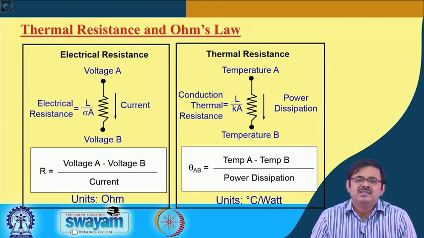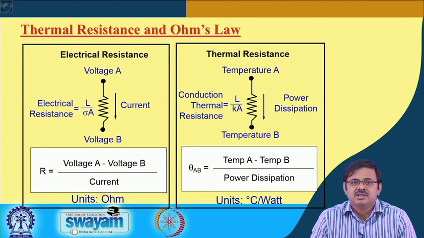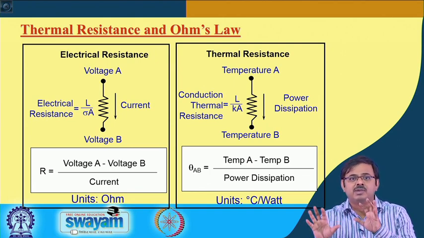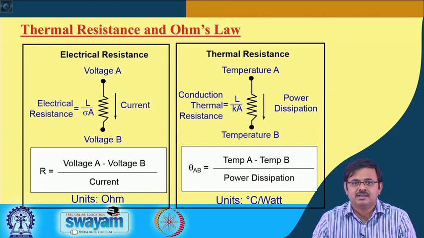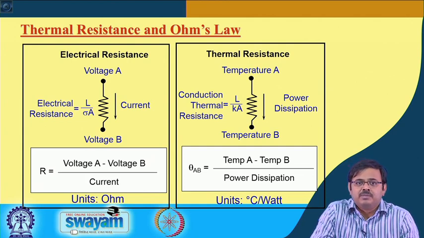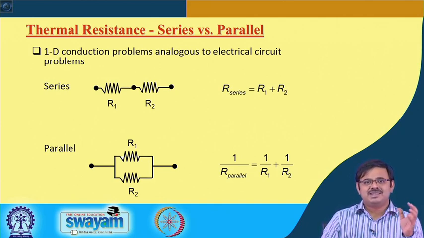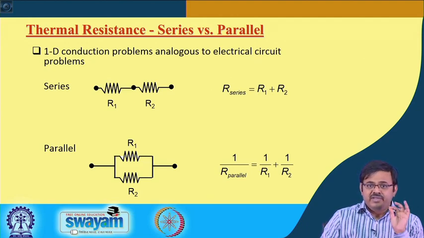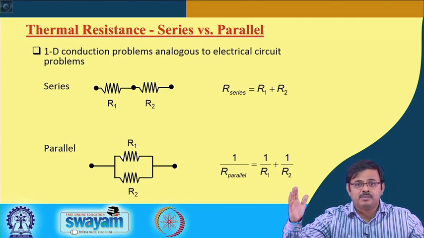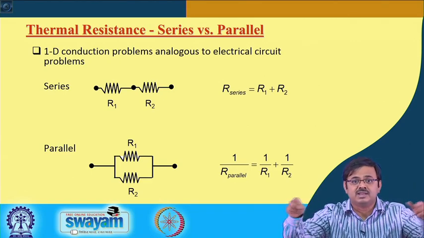Here it is degree C per watt. So, that is the thermal resistance and its analogy to electrical resistance. Clear? This is going to be very important, because similar to electrical resistance, I can also have thermal resistances in series and in parallel. Okay. If there is a heat generation at a certain point and the heat can flow in two parallel paths, then these are thermal resistances in parallel.